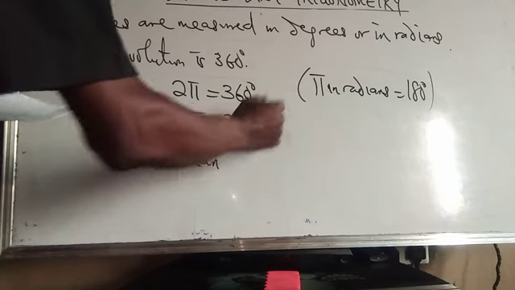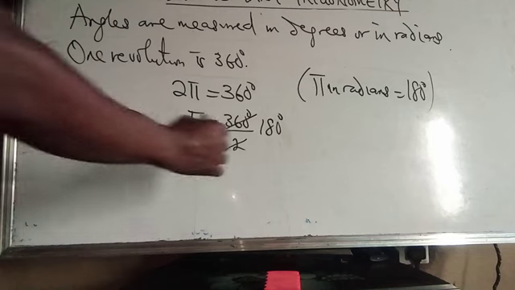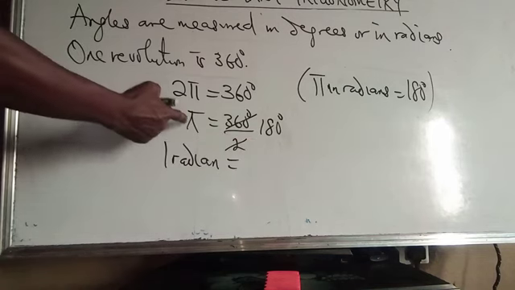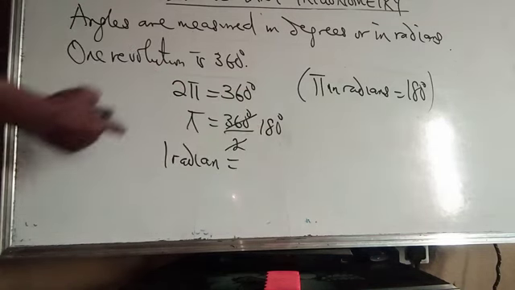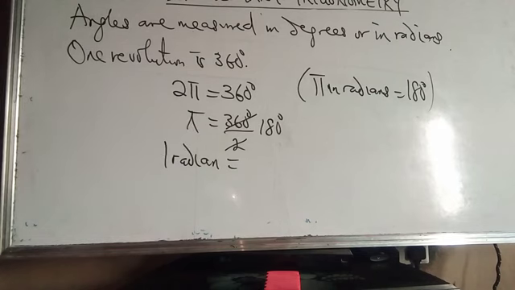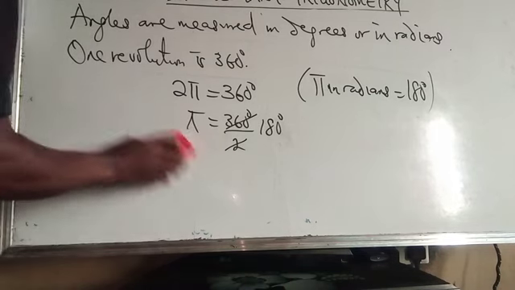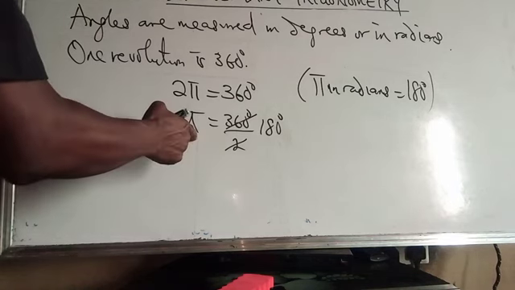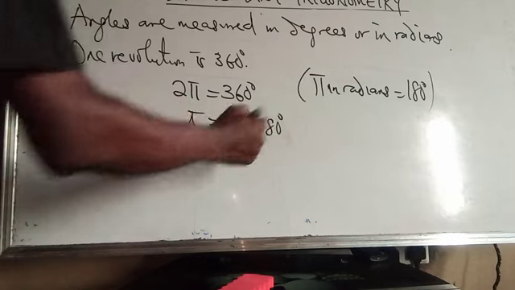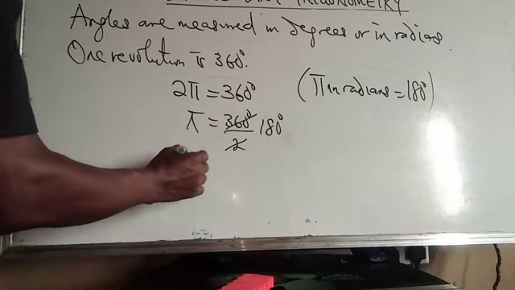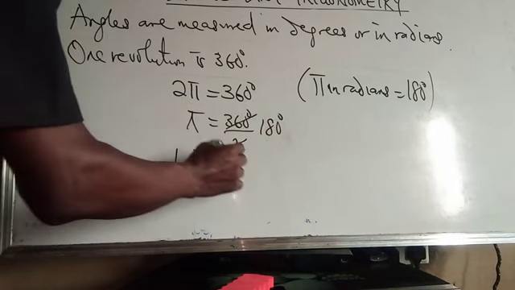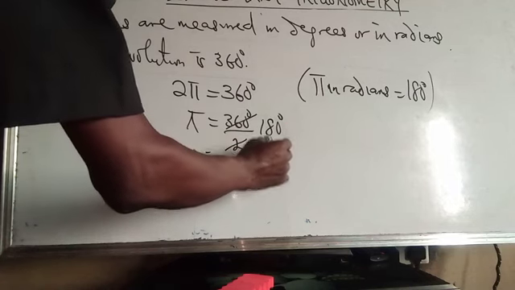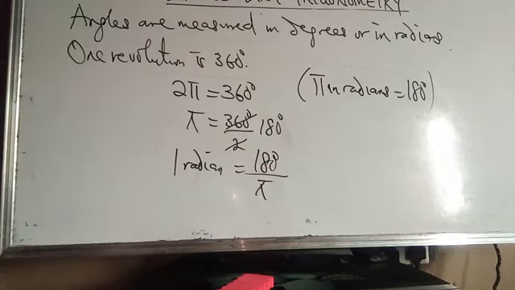So 1 radian: if pi in radian is equal to 180 degree, then 1 radian will be equal to 180 degree all over pi.